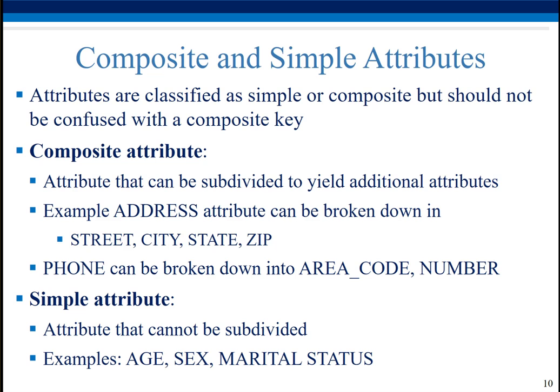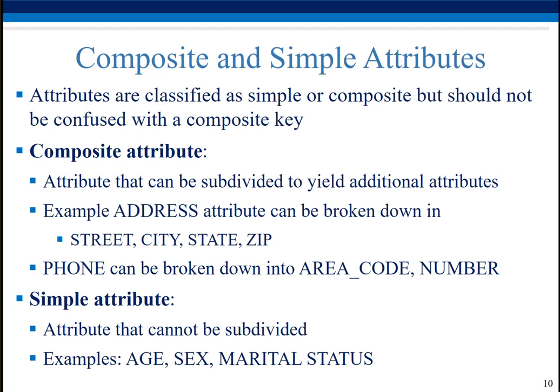So, composite and simple attributes. Attributes are classified as either simple or composite, but don't confuse them with a composite key. For instance, a composite attribute can be subdivided to yield additional attributes, such as address. We don't want to just put address in there. It would make sense to have city, state, zip, and of course the street.